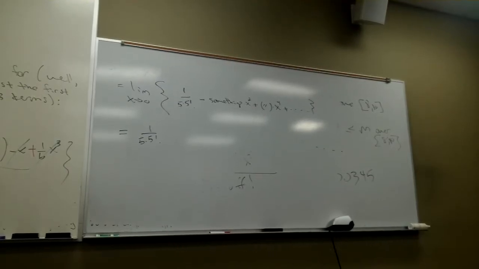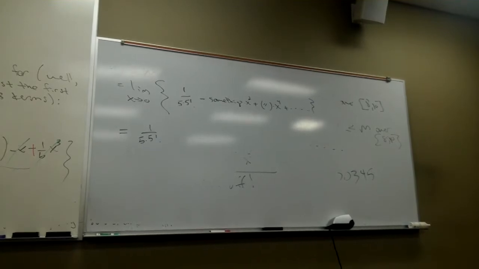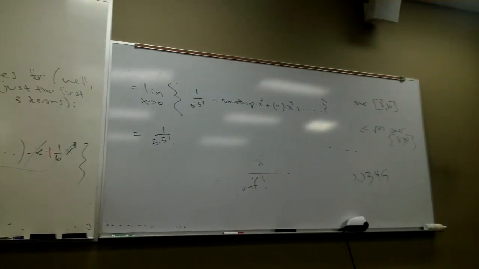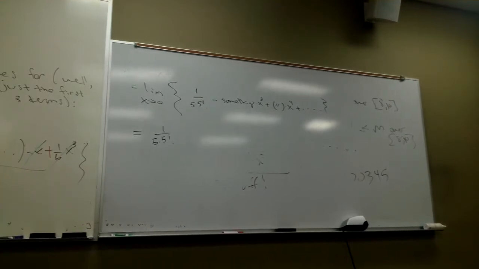Actually, wouldn't it be 1 over 5 times 7 factorial? Yes, times x squared. I was just being lazy. I didn't compute the coefficient because I got a factor of x squared, which is going to go to 0. So who cares what the coefficient is?